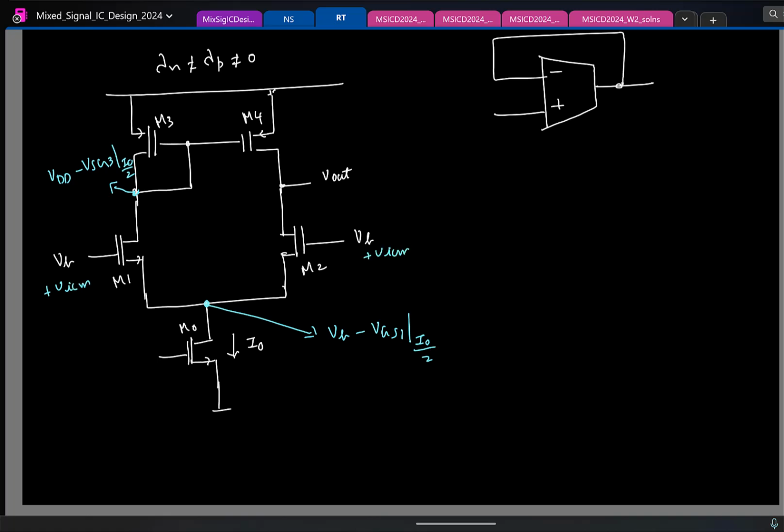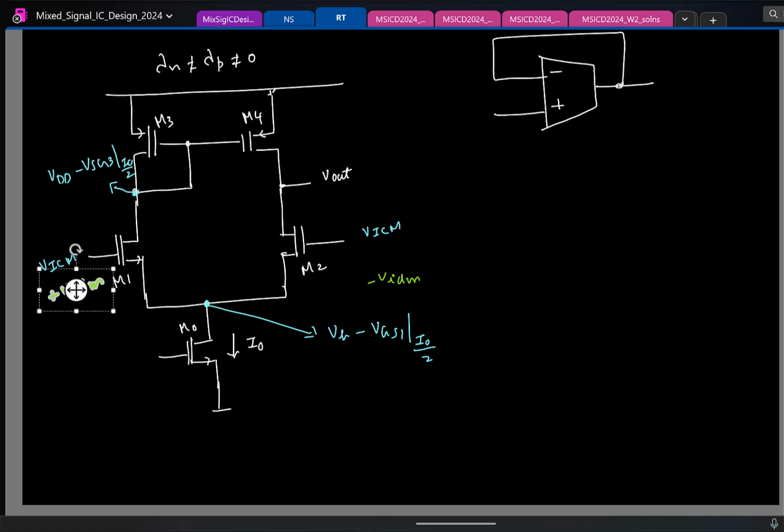In addition, you will have a differential mode part, so plus VIDM. Now you know this DC bias plus the small signal common mode, we club it together and call it some VICM. So let me write that. So this is the scenario typically.